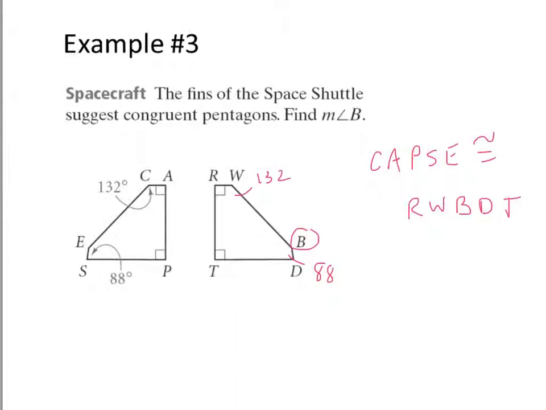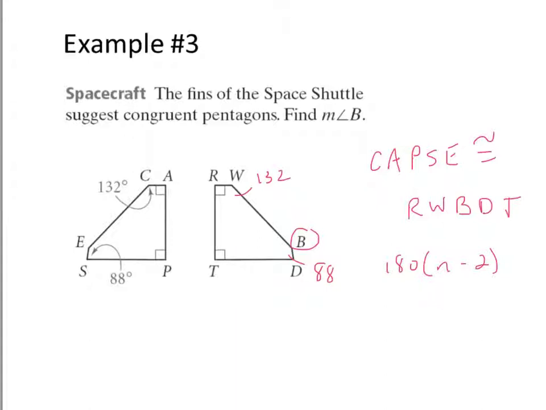Okay, so I have 4 angles in a pentagon. I need to find the 5th angle and then subtract it from the total angles in a pentagon. Well, I know from chapter 3 that the sum of the angles in a pentagon is going to be 180 times n minus 2, n being the number of sides.